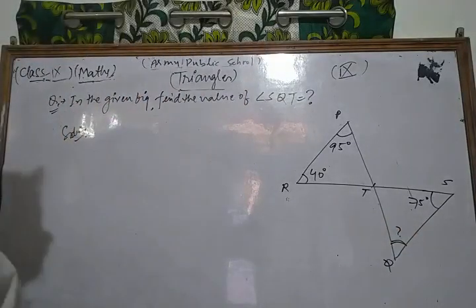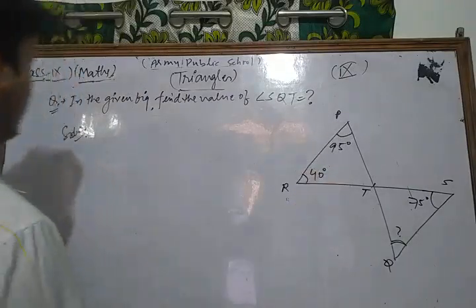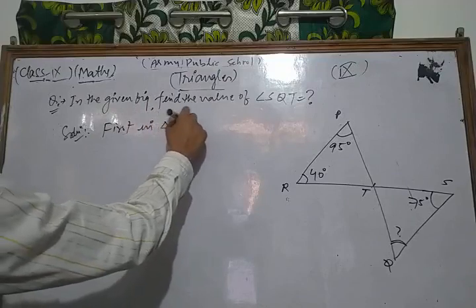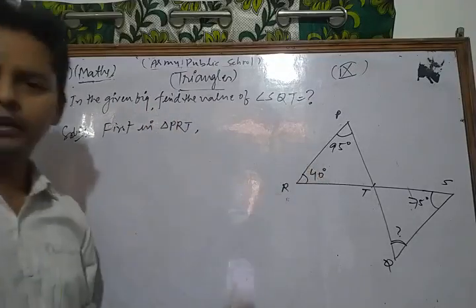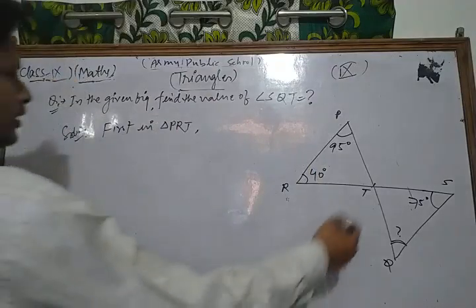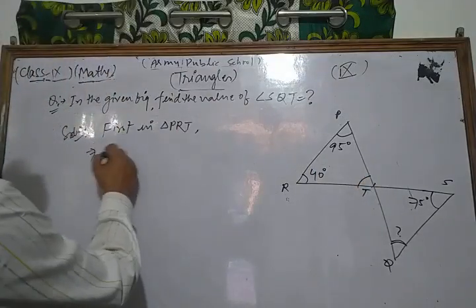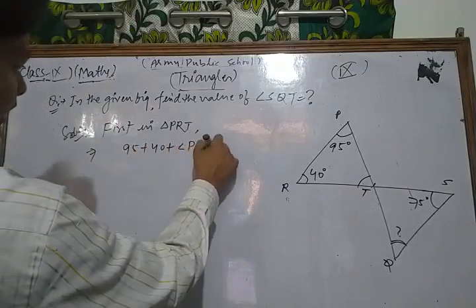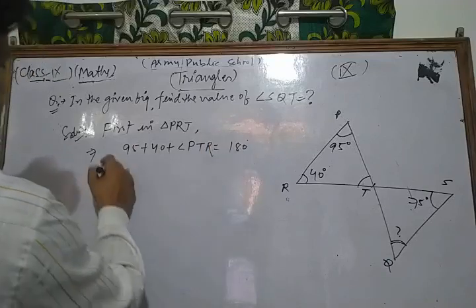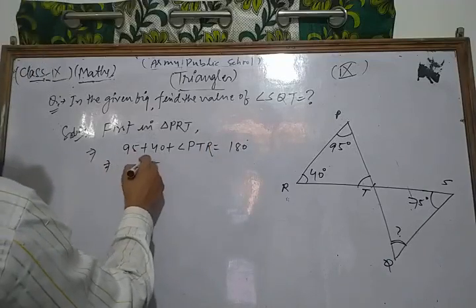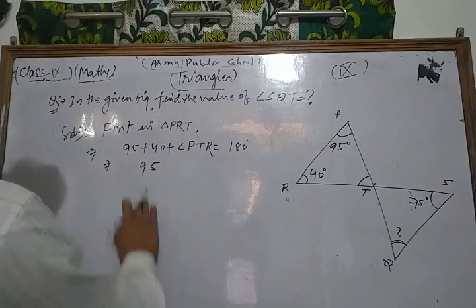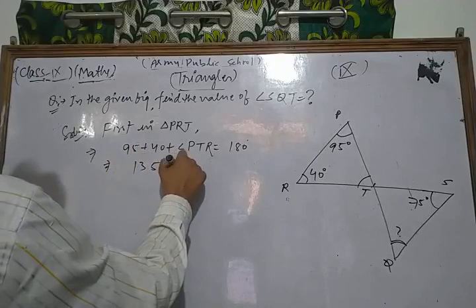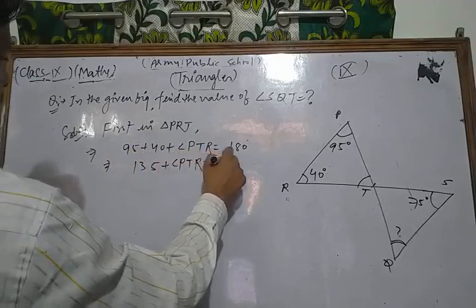First, dear student, in triangle PRT, we apply the angle sum property of the triangle. That is 95 plus 40 plus angle PTR is equal to 180. So 95 plus 40 is 135, so 135 plus angle PTR is equal to 180.